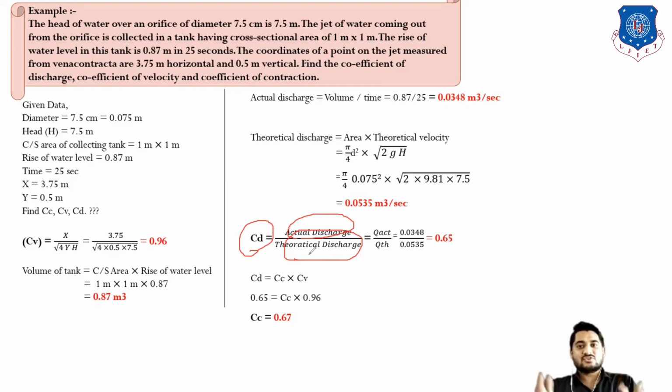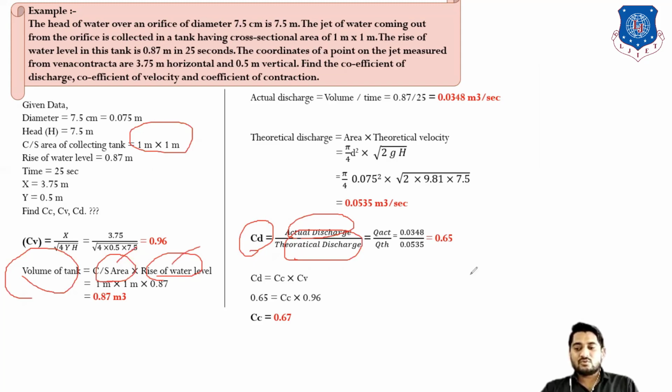So let us assume here is one tank. From that, the orifice meter is located at the bottom. From the orifice meter, one collecting tank is there. Water is collected in the collecting tank. So the volume of the collecting tank is the cross sectional area into the rise of the water level. The cross sectional area will be in meter square and the rise of the water level will be in meter.